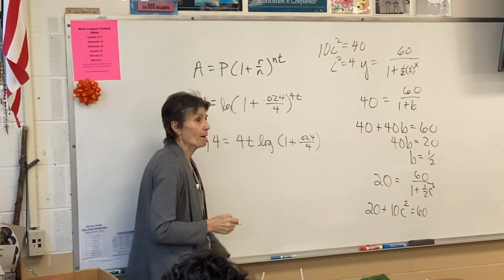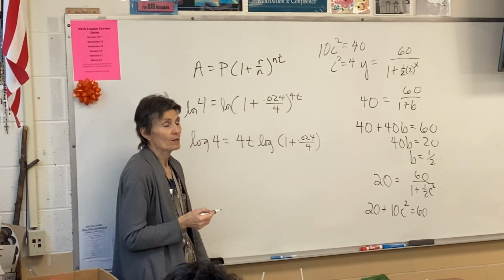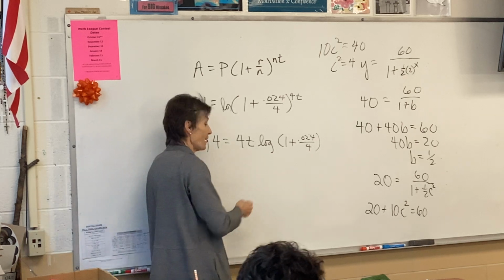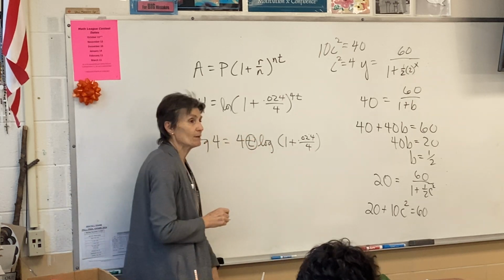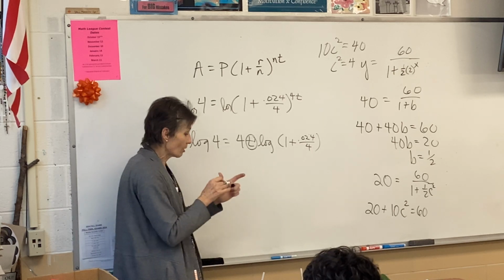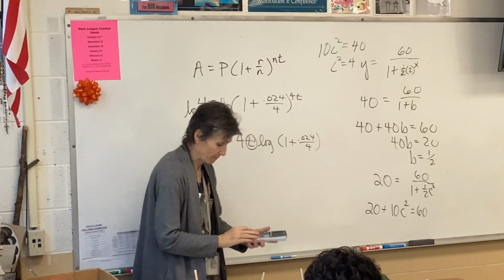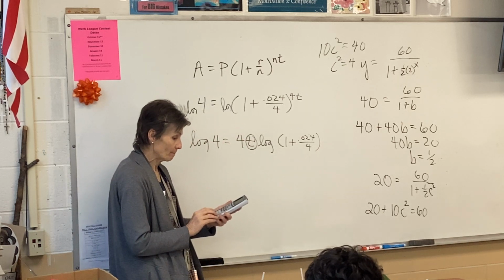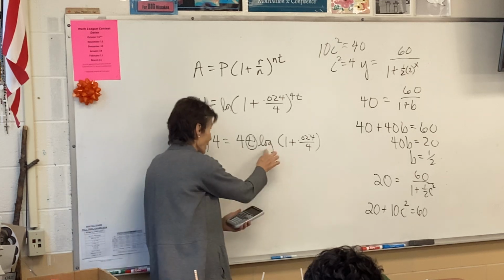And then we're going to stop here and think about what has to be done. Double D, double divide. Because we've got to get down to just plain t. So we're going to take our log 4 and divide it by 4 and divide it by that.